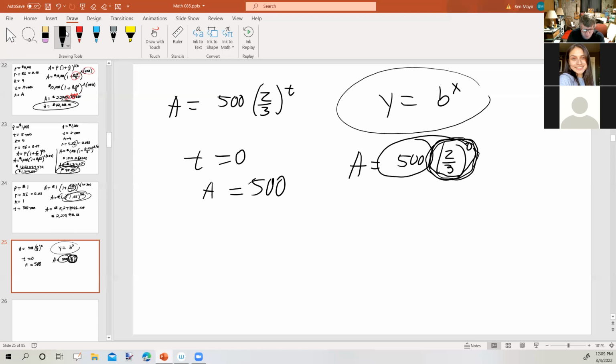Now, over time, is this going to increase or decrease? And tell me why. Would it decrease because the fraction would just keep getting larger and larger, so then the 500 would get smaller and smaller?